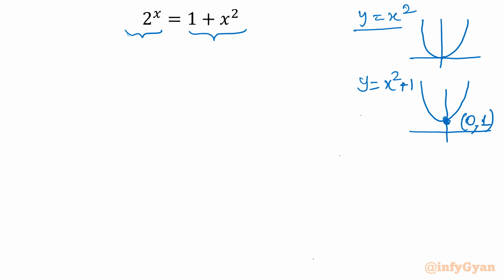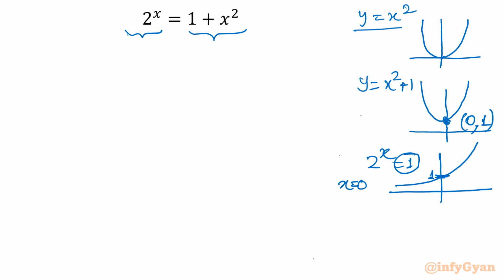Now on the left hand side we have the graph of 2 raised to the power x. If I put x equal to 0 in 2 power x, the function is 1. So this point is 1, and this point is also 1, where the parabolic function has its minima.